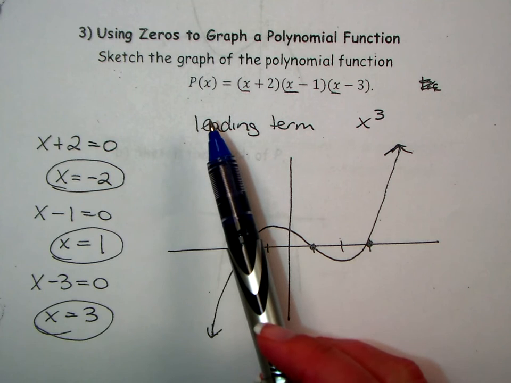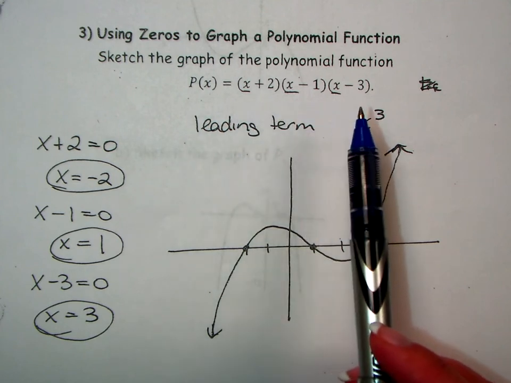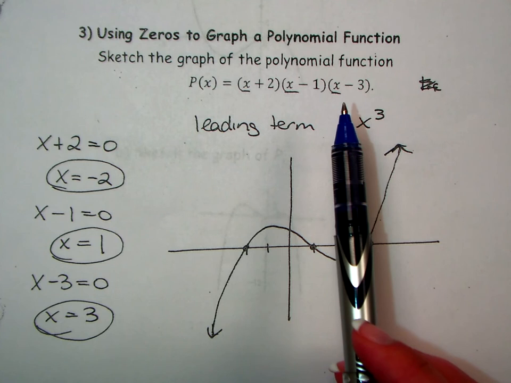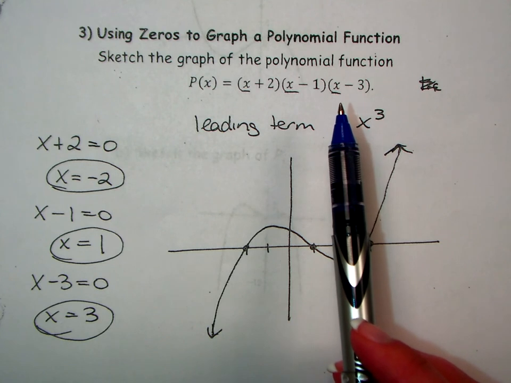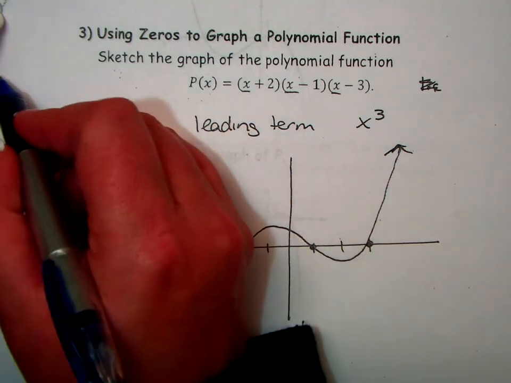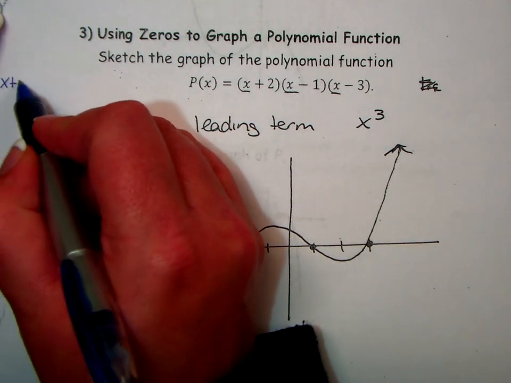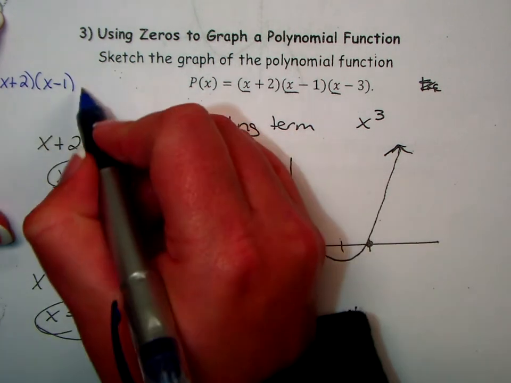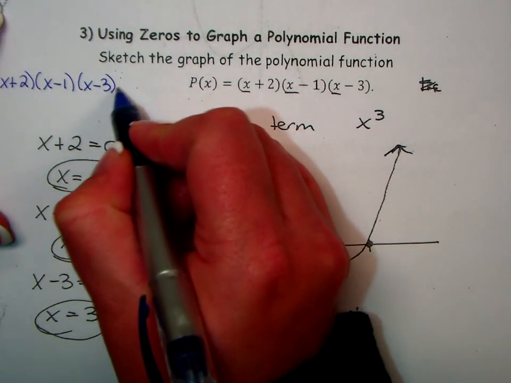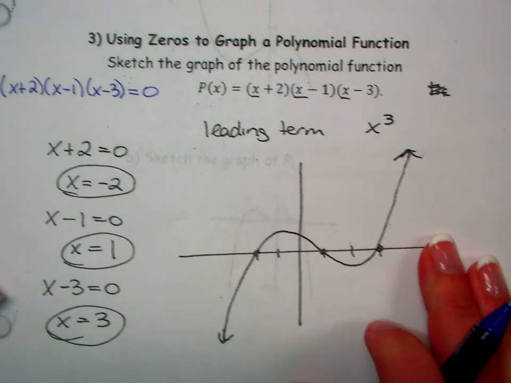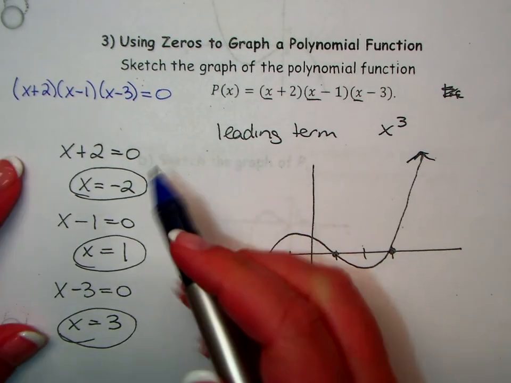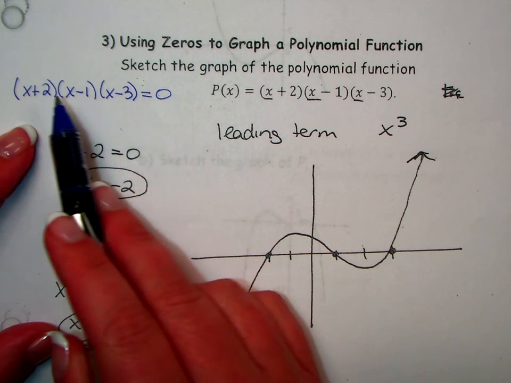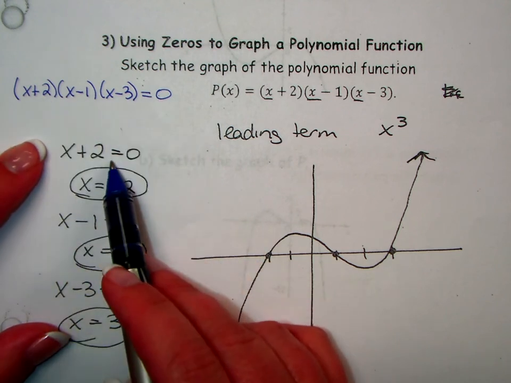This polynomial is already factored. Right? It factored to x plus 2, x minus 1, x minus 3. We already have the factors. So if I were to take this polynomial and set it equal to 0, okay, that's what I would need to do to find the solutions. Now if I have a set of 3 factors equal to 0, in order to solve those, I'm just going to take each factor and set it equal to 0.